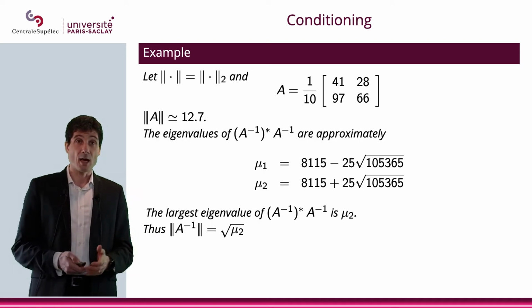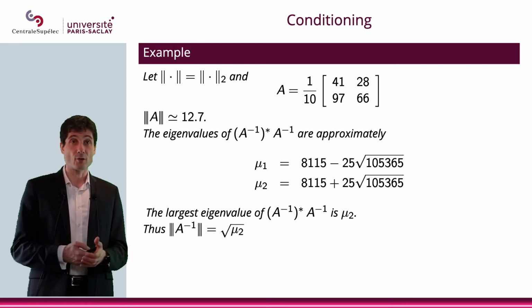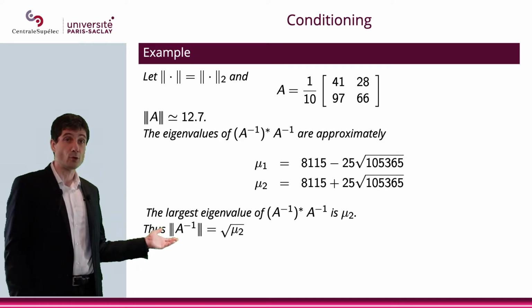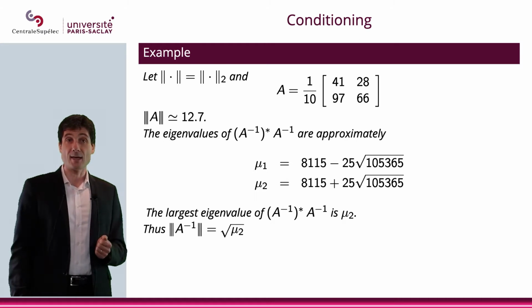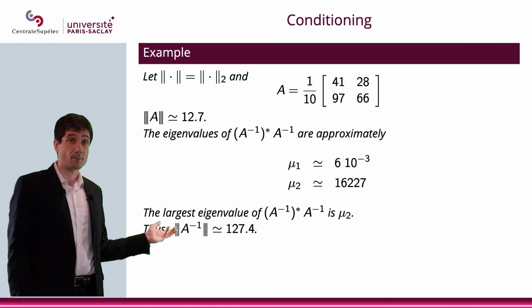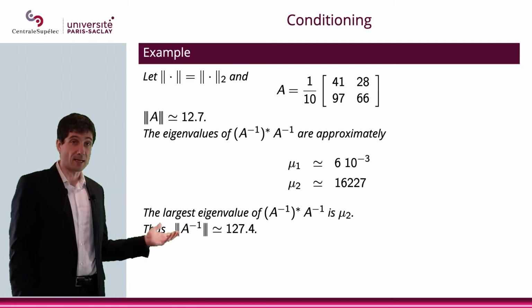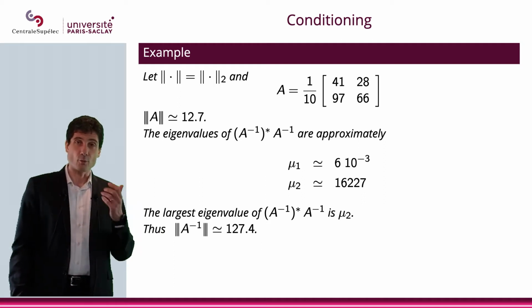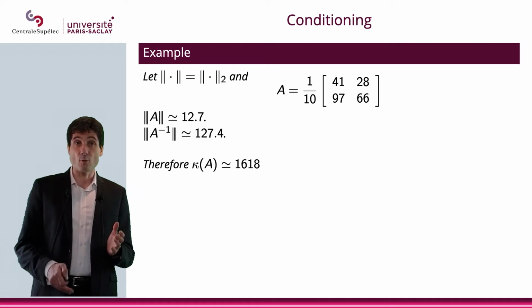So I'm going to compute A inverse transpose multiplied by A inverse. I'm going to compute both eigenvalues and take the largest one, that's mu 2, and therefore the norm of A inverse is going to be the square root of mu 2. Roughly speaking, the norm of A inverse will be 127.4.